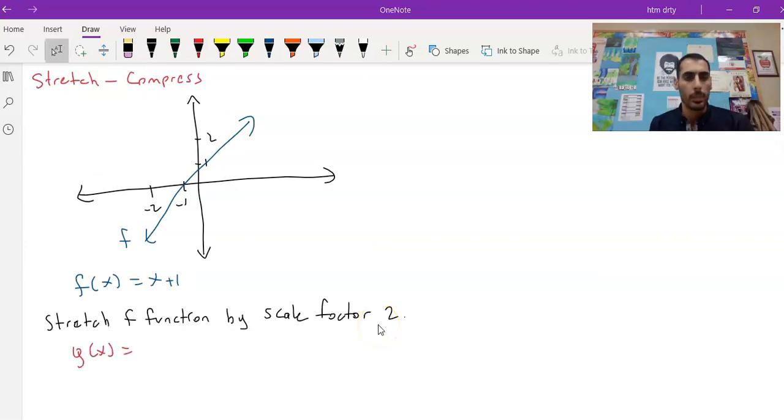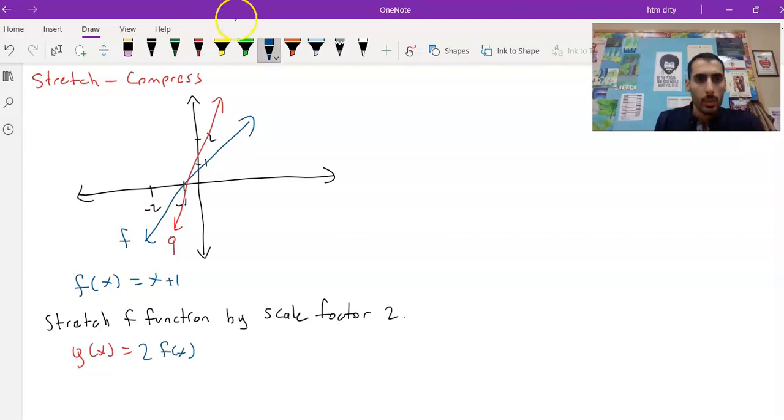Now g(x) is going to be, if you stretch it vertically, it will be going more vertical, more steep, and the function is going to be super easy. You just multiply by 2.